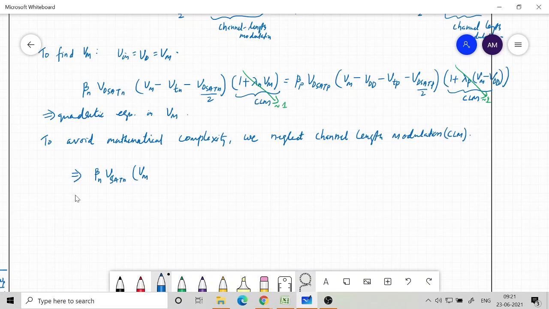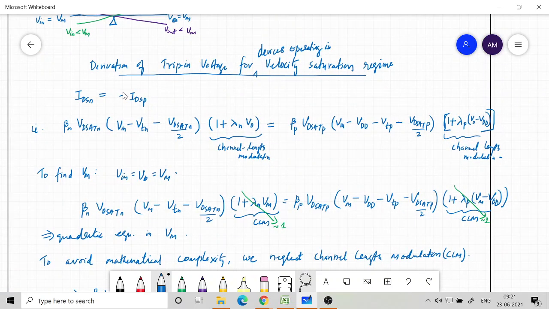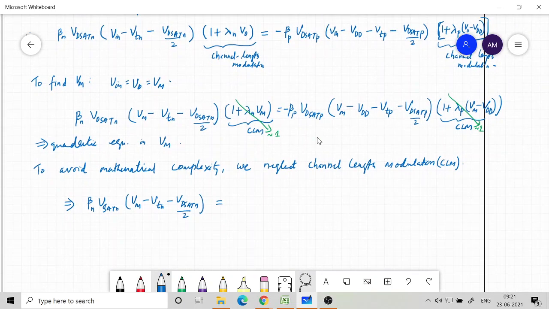Okay, I forgot to do one thing, which is I have to put a minus sign here, because beta p has to have a negative sign. It is minus IDSP, so you have to keep track of that minus sign.